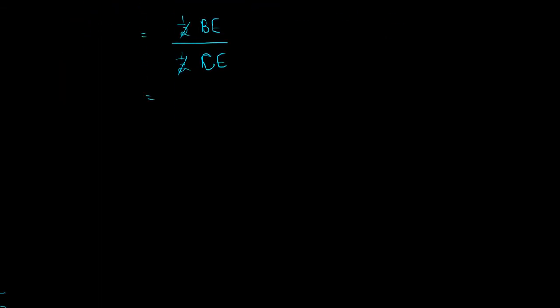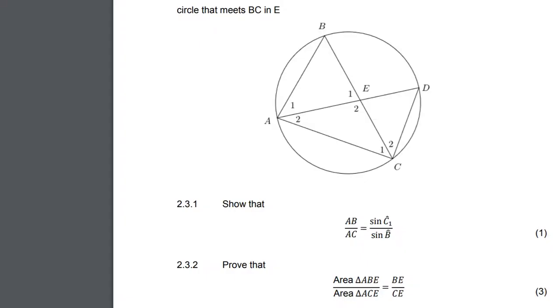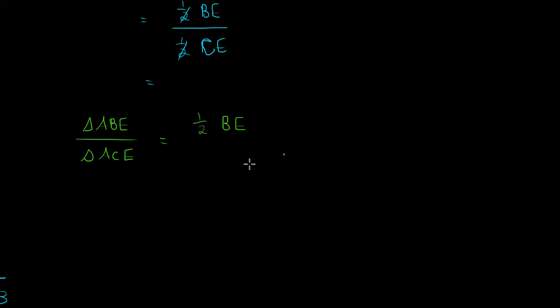The alternative was you could have used that triangle ABE over triangle ACE. You could have used your area rule, which is a half and then BE. So you want to use BE and the common side, and the reason why I want the common side, AE, is so that it cancels. So BE, AE, so which angle should we use?